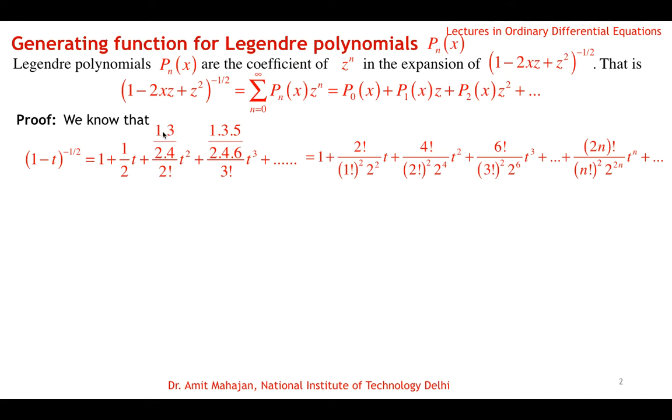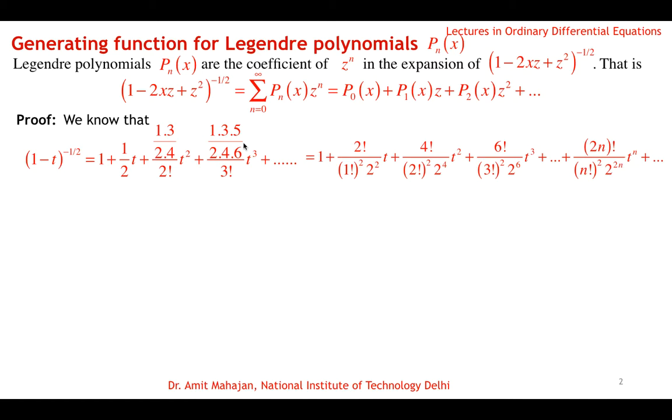For the third term, if we multiply and divide by 2 and 4, our numerator will become 4 factorial, and in the denominator we can write it as 2 factorial square and 2^4. Similarly, in the next term, if we multiply and divide by 2, 4, 6, then the numerator will be 6 factorial and the denominator will be 3 factorial square 2^6.